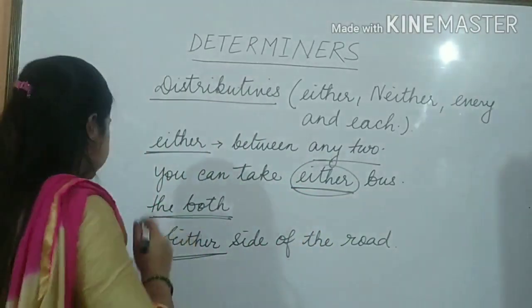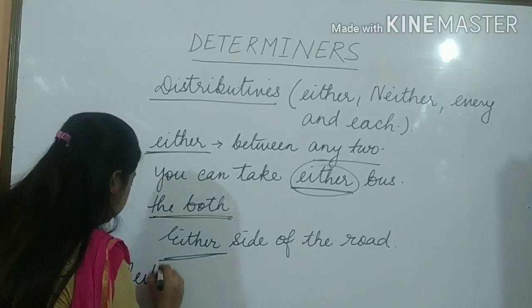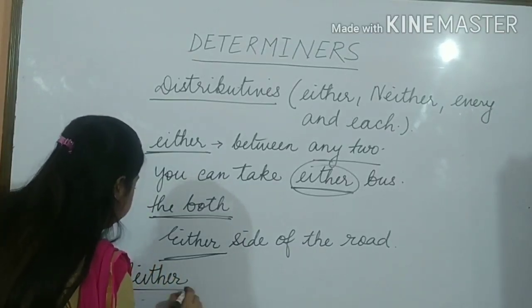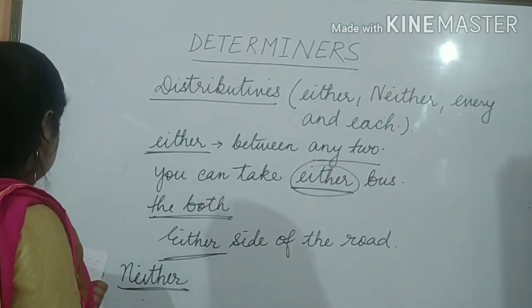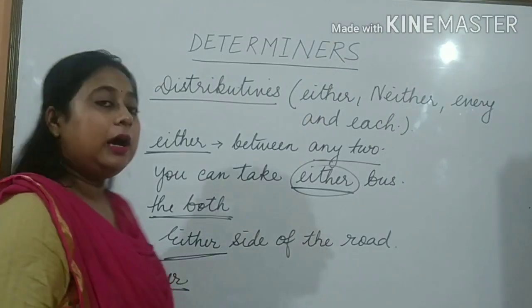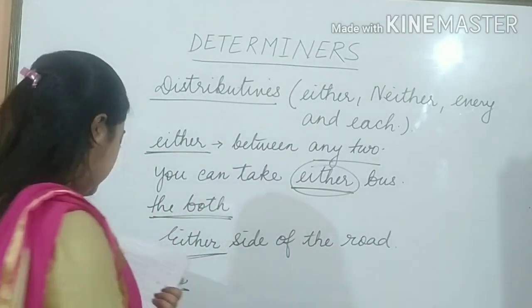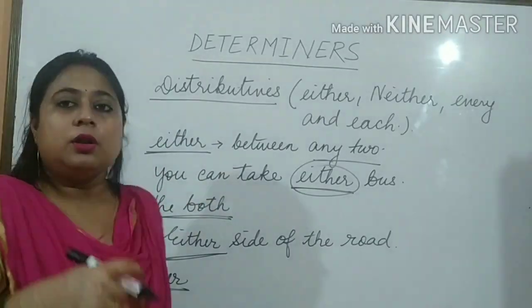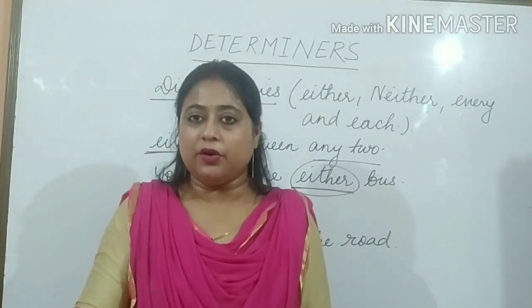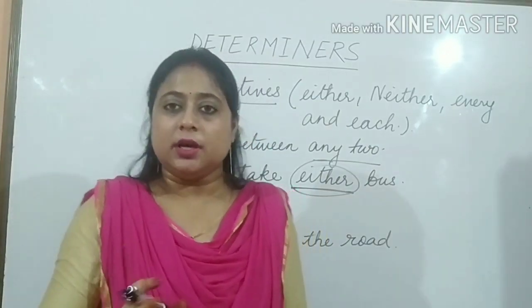Then where do we use neither? The next word is neither. And where do we use it? It is the opposite of the word either, and it means not any one of them, none of them. In that case we use neither.